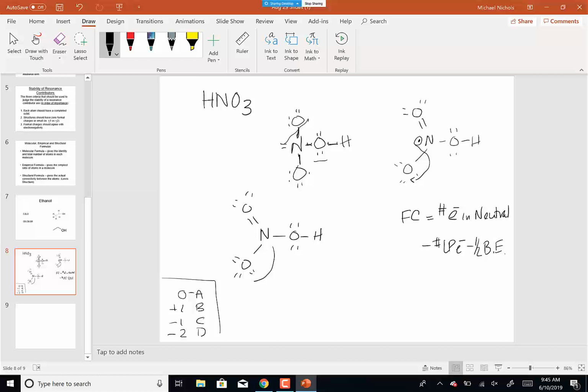So, does everybody have the nitrogen's formal charge? Let's start with the nitrogen. Your choices are 0 is A, +1 is B, -1 is C, and -2 is D. If your number is not on that list, you might need a new number.